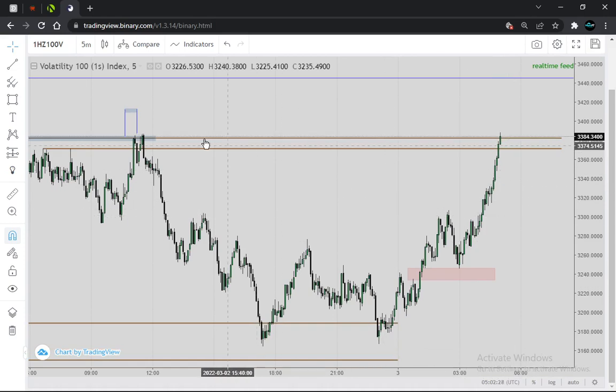So I was trying to make more shorts just here in that fair value gap. But remember at the beginning of the video, I said if the market has been trading high, you should look for higher prices for good risk.